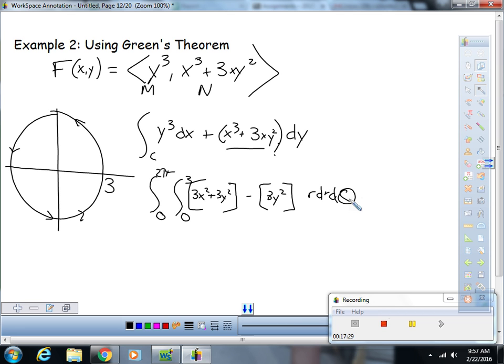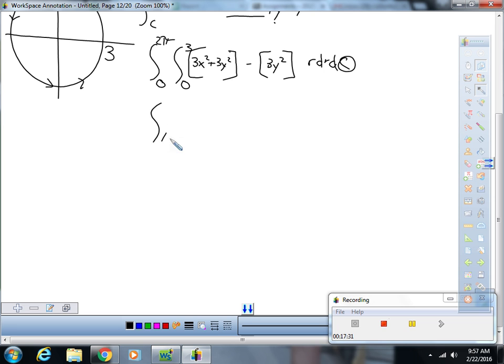So now we get 0 to 2 pi, 0 to 3 of 3x squared. Well, what's x? X equals r cosine theta. Okay, like that.